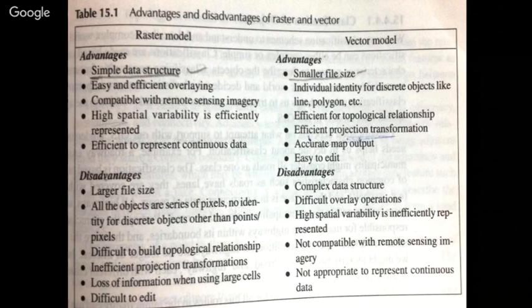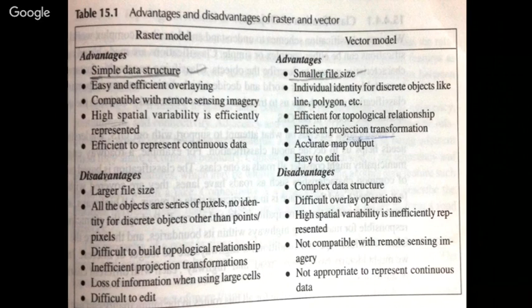Talking about the vector model, the advantages: smaller file size. We only draw the data about certain features which we are interested in, we don't do it for all of it, so the file size tends to remain small.